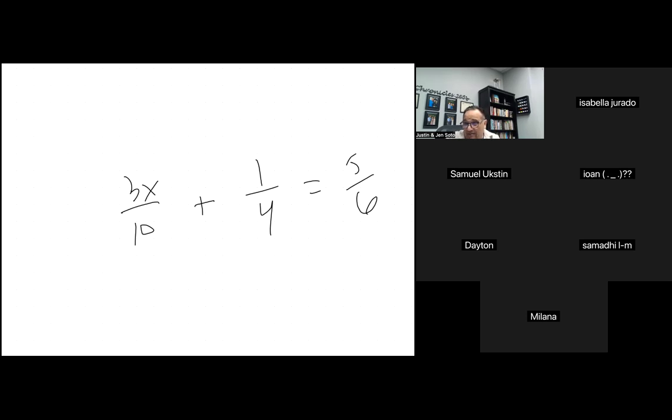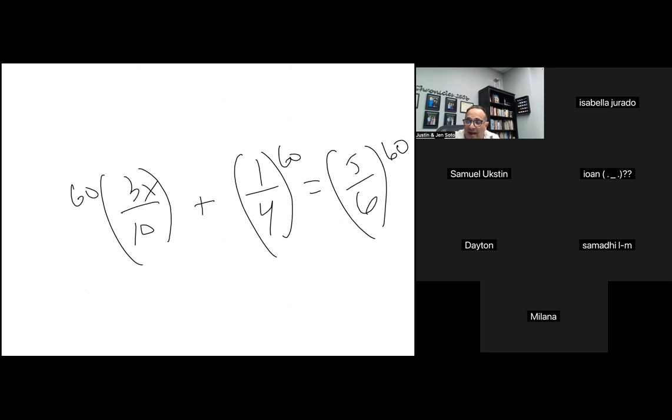Yeah, it's 60. So I multiply this spot by 60, this spot by 60, and this spot by 60, because I'm clearing out my denominators. 6 times 3x is 18x.